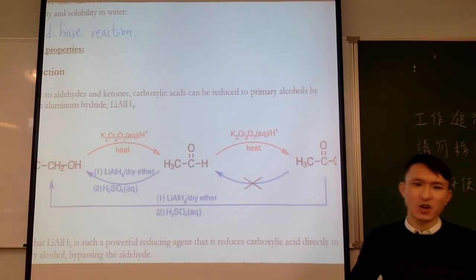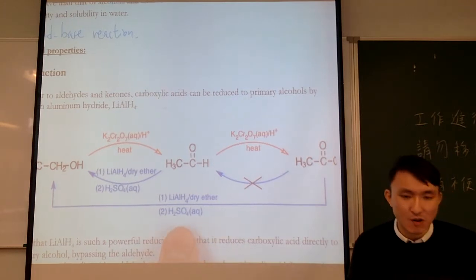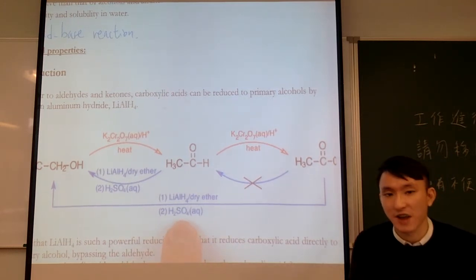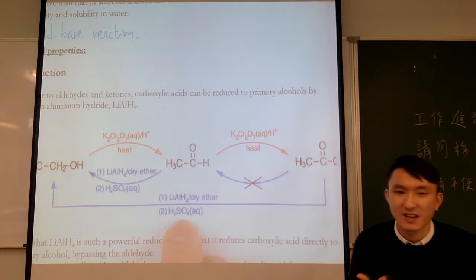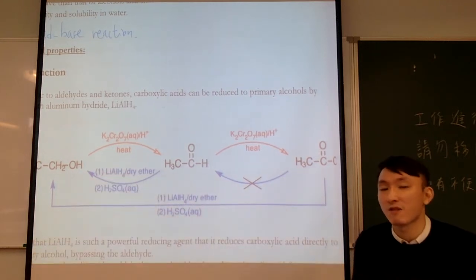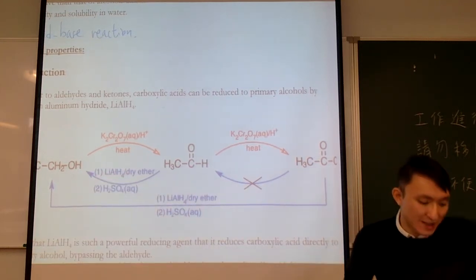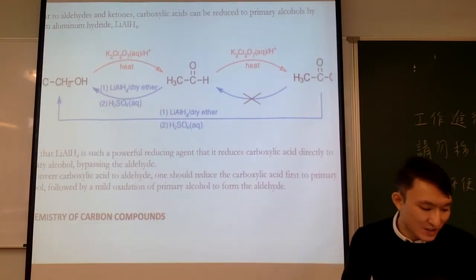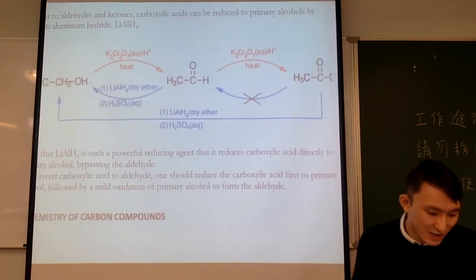Now, you may ask, hey sir, how about if I use sodium borohydride? It's a milder, safer, weaker reducing agent. So can we achieve a two-step reduction using sodium borohydride? As a matter of fact, no, because sodium borohydride is not powerful enough.